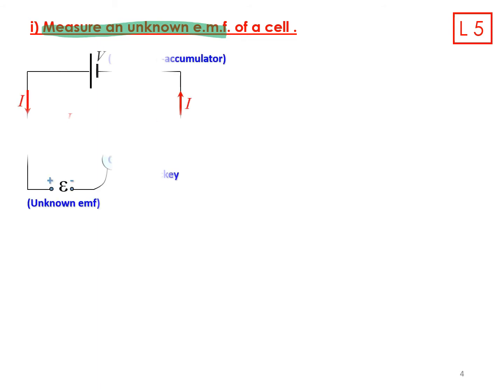Now I will explain the first application of the potentiometer, which is to measure an unknown EMF of a cell. We want to find the unknown value of EMF. This is our simple circuit.